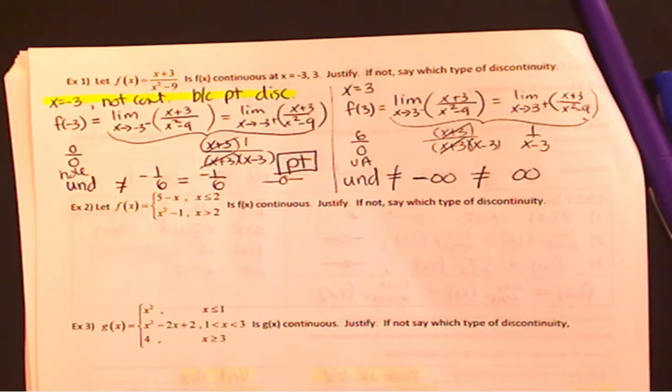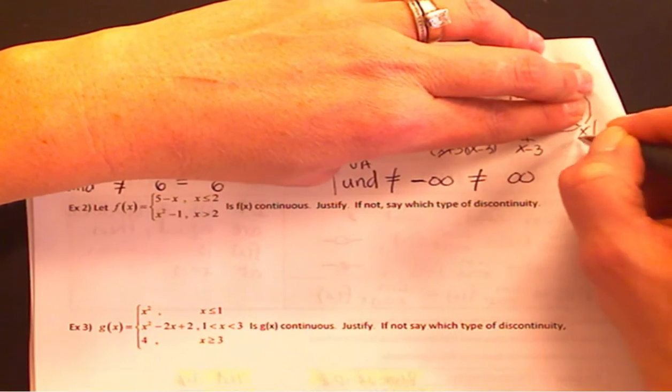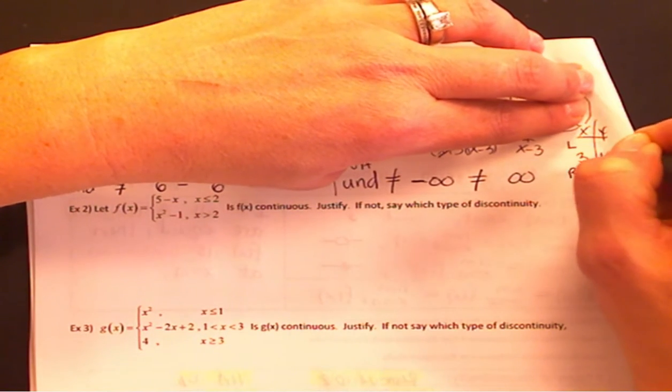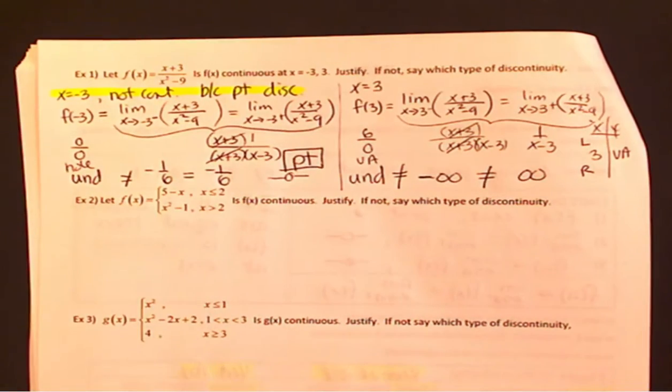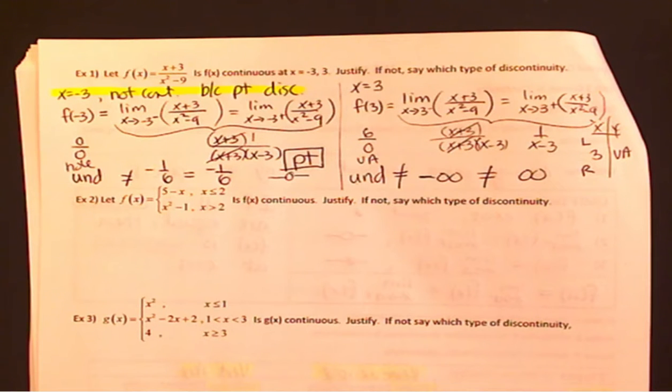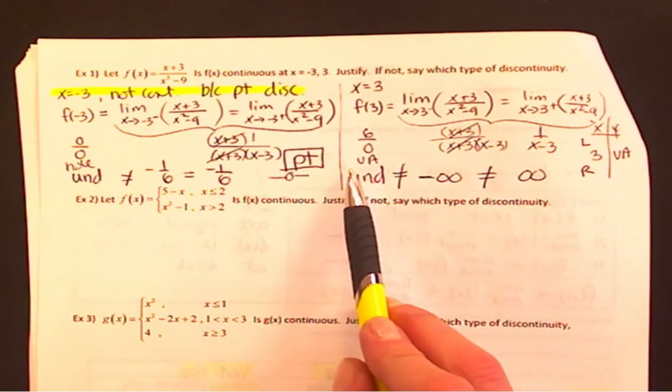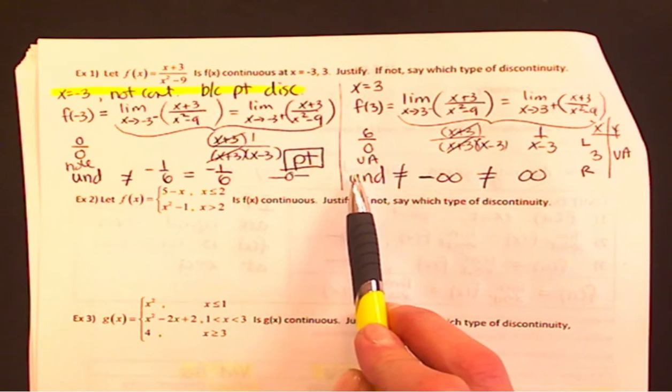I did a little table in my head. Right, I put my table over here. I did the left and I did the right. That's how I came up with my infinities. I already know it's a vertical asymptote because I got a number over 0.